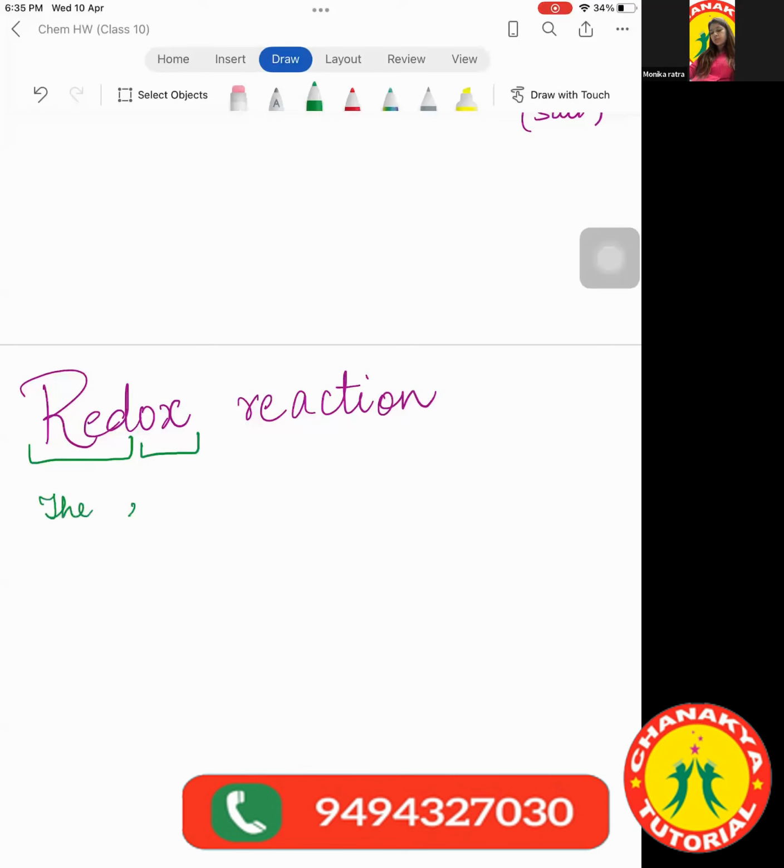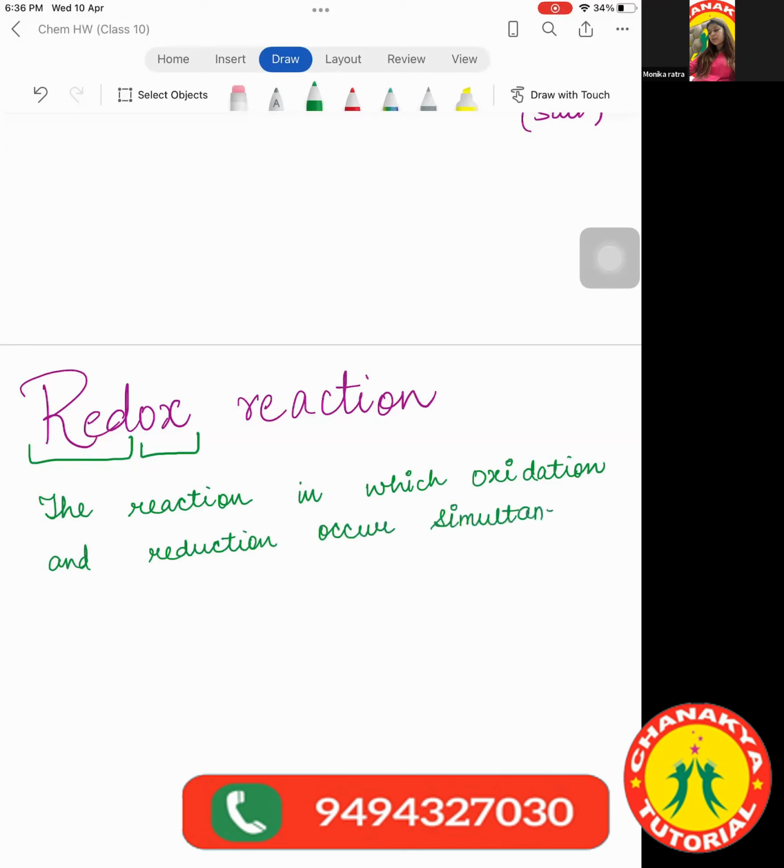It is the reaction in which oxidation and reduction occurs simultaneously. What does this word simultaneously mean?